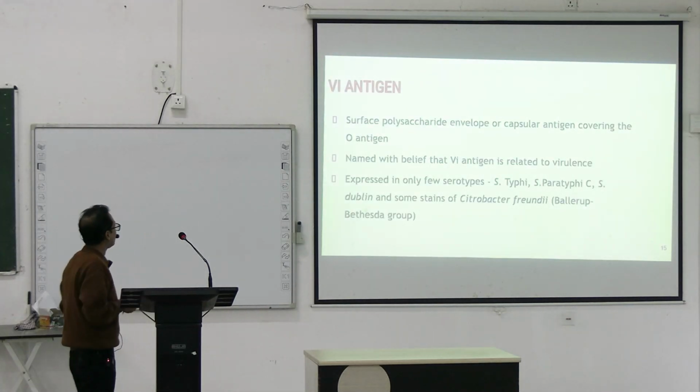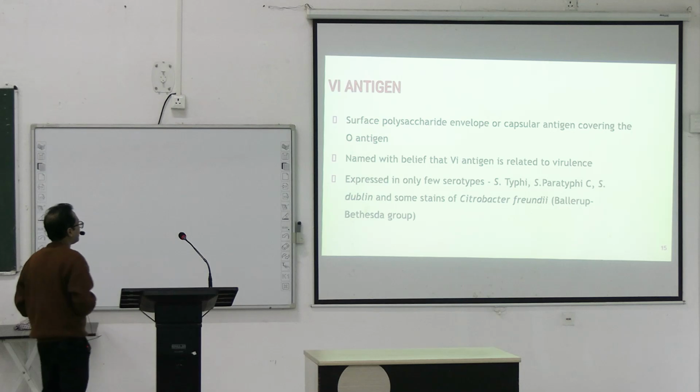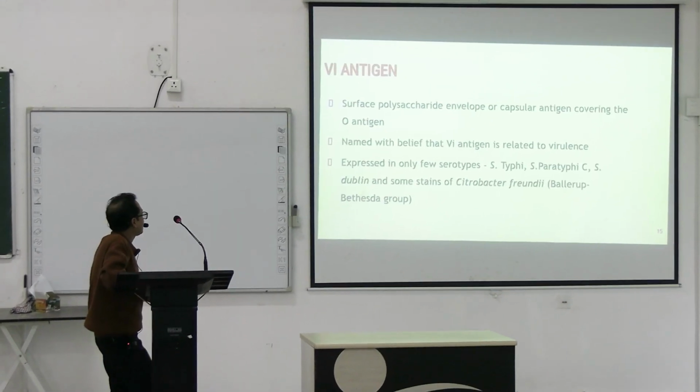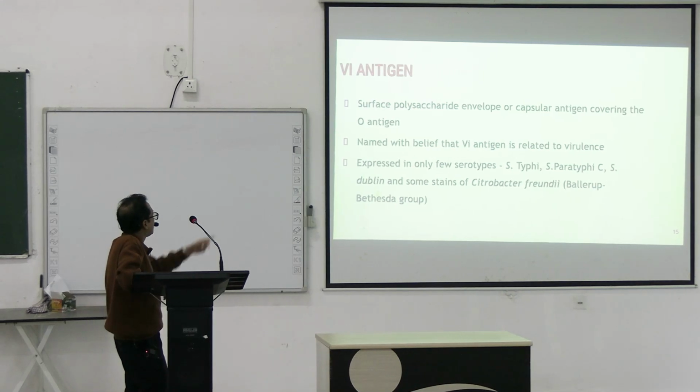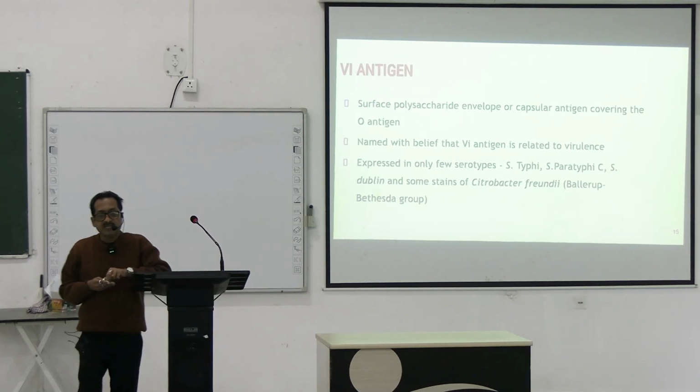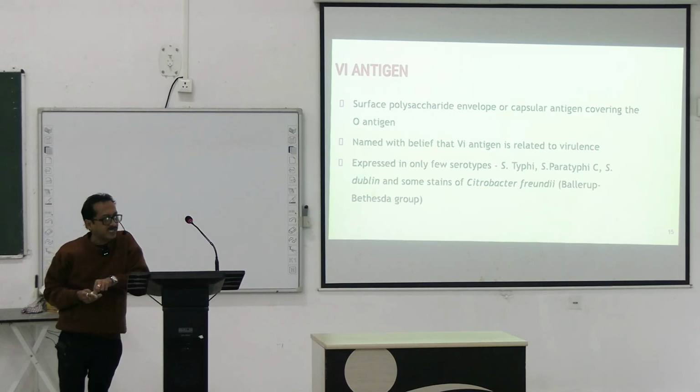Now VI antigen, what is the role of VI antigen? It is a surface polysaccharide or capsular antigen. How did the name VI antigen come about? VI came from the name virulence, but it is not for virulence. It was a misnomer.